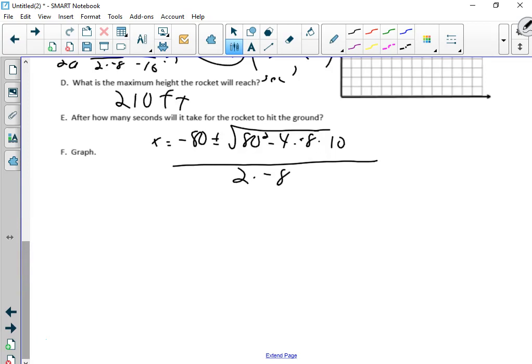Now, that gives me negative 80 plus or minus the square root of 80 squared. So 8 times 8 is 64 with 2 zeros. Negative 4 times negative 8 is 32, times 10 is plus 320, all over negative 16.